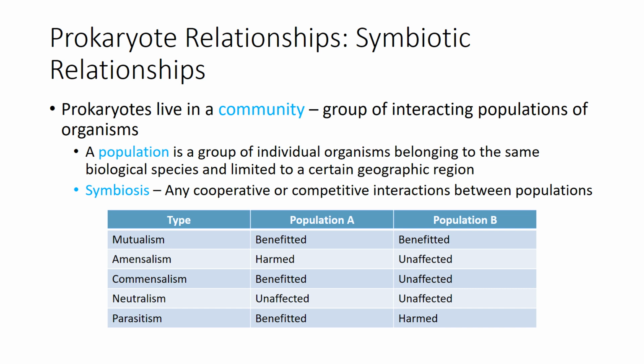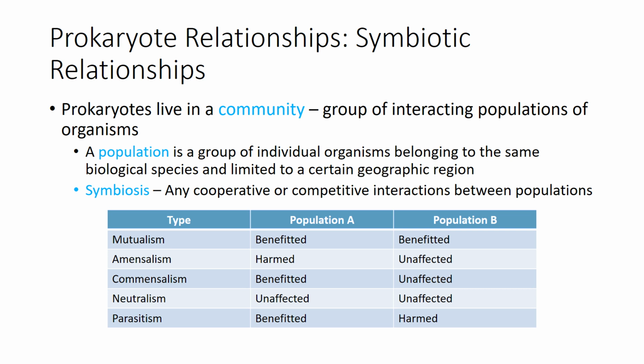With amensal relationships, one group will be harmed while the other is unaffected. With a commensal relationship, one organism will benefit while the other is unaffected. With neutral relationships, both organisms can live together but really have no effect on each other. With parasitism, one will benefit while the other is harmed.